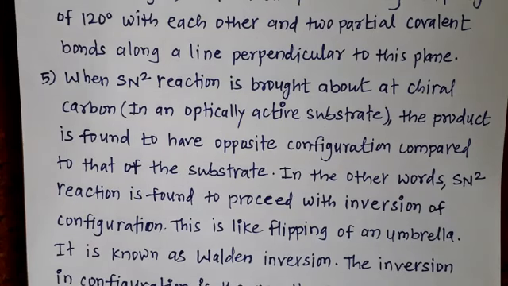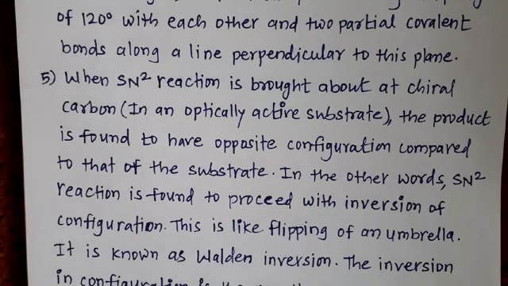The inversion of configuration is the result of the backside attack of the nucleophile, and here this inversion of configuration is due to the backside attack of nucleophile OH minus. If this nucleophile attacked in front of Br minus, then retention of configuration would be found.